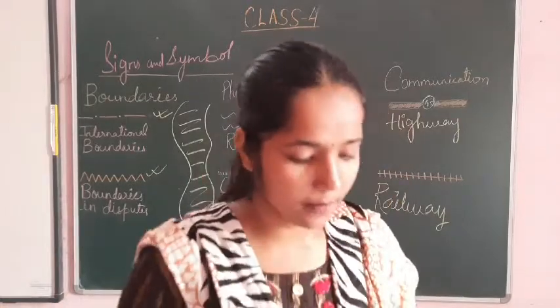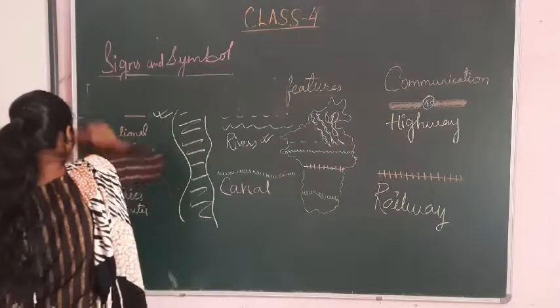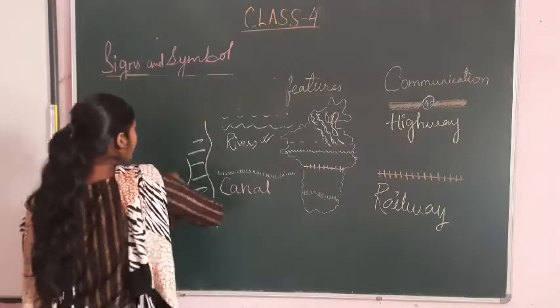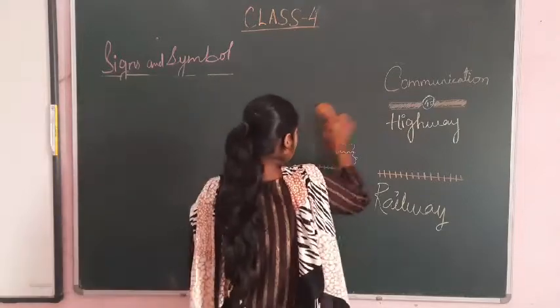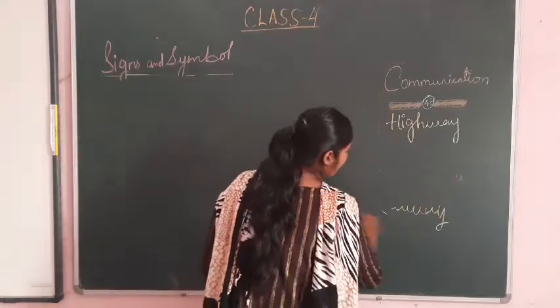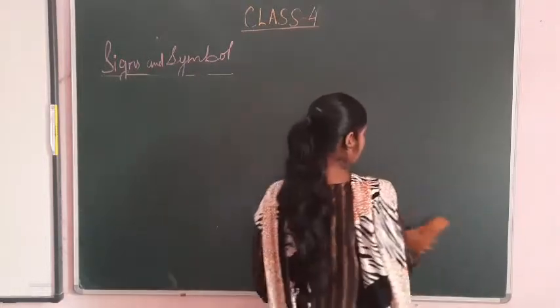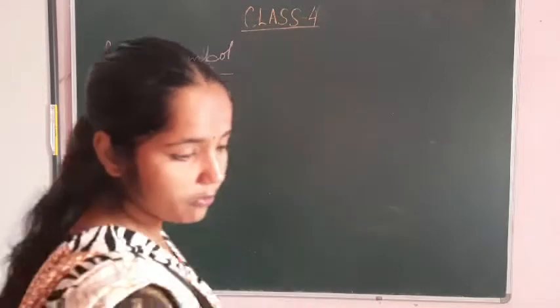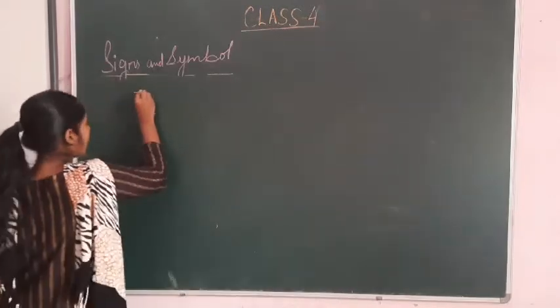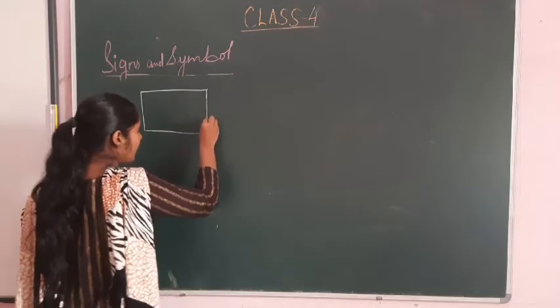Now moving to the forest and rivers part, which is symbolized in color. It is very easy, okay. How we will draw it on the board. Now I am just drawing this, okay, like this.